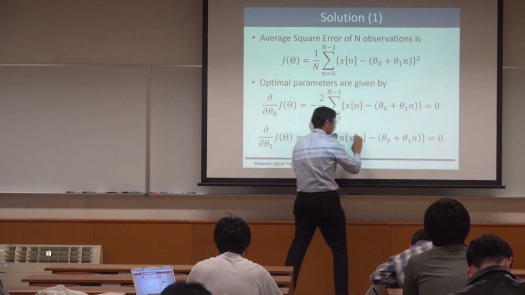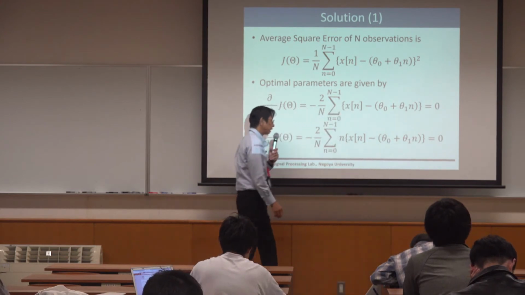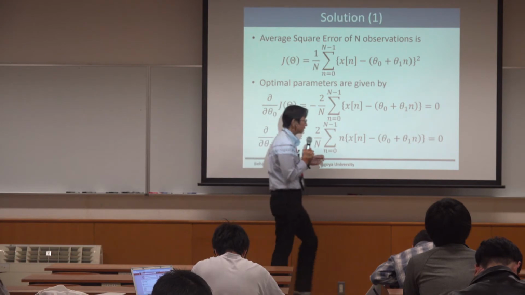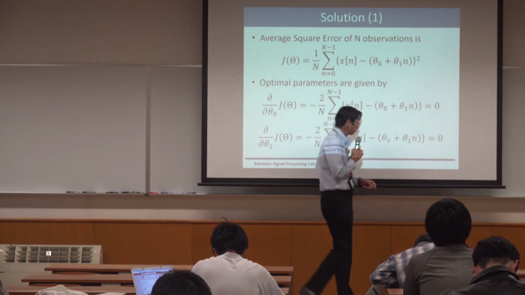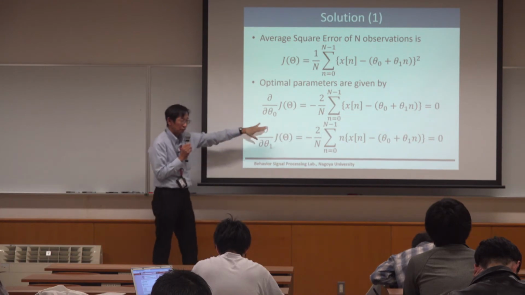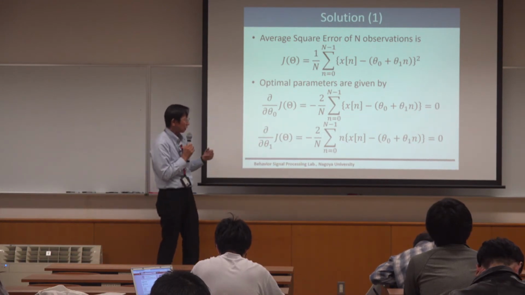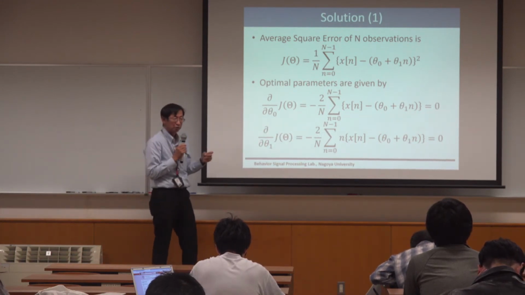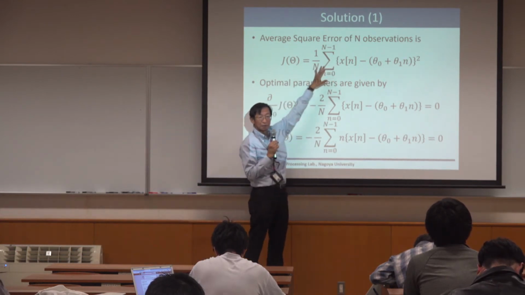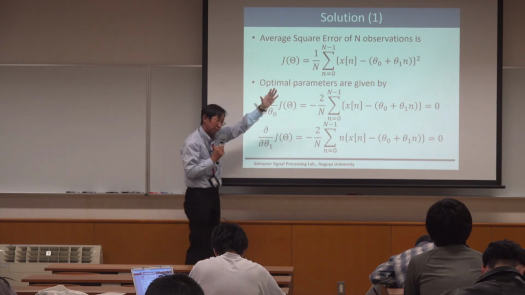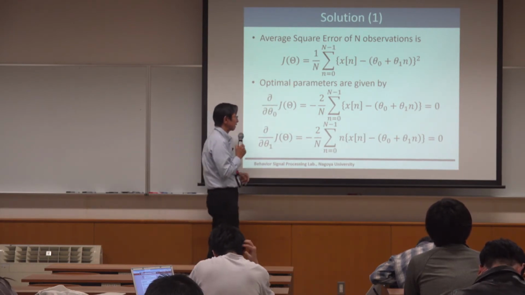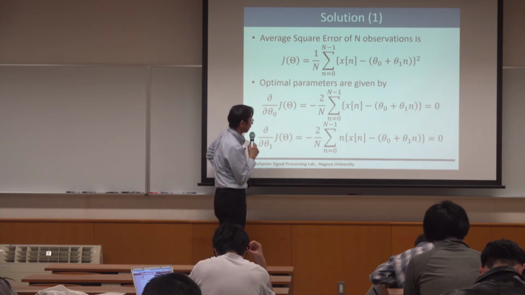And also at the minimum value of theta 1, it becomes 0. So when you solve this simultaneous equation, you can get theta 1 and theta 0 which minimize this value. Okay? So this is not difficult math when you study mathematics in high school.